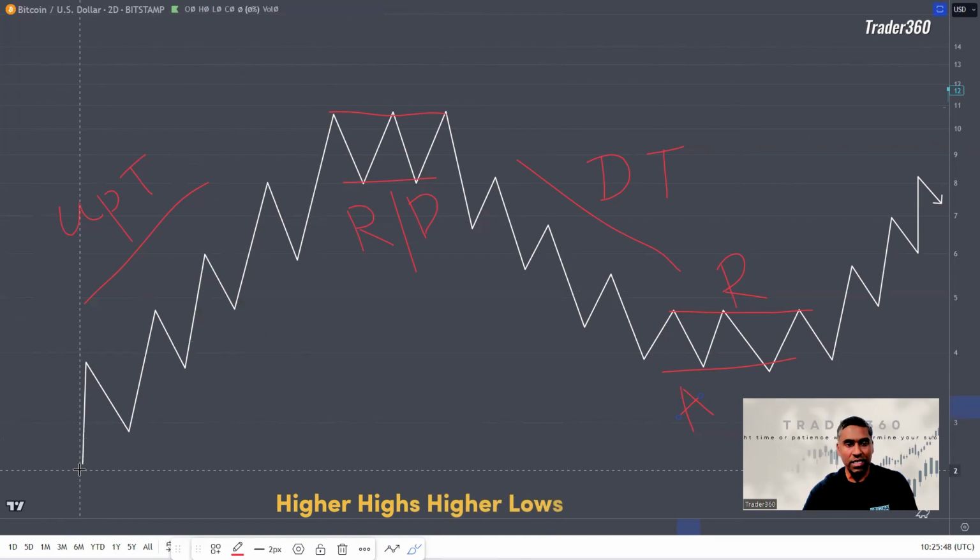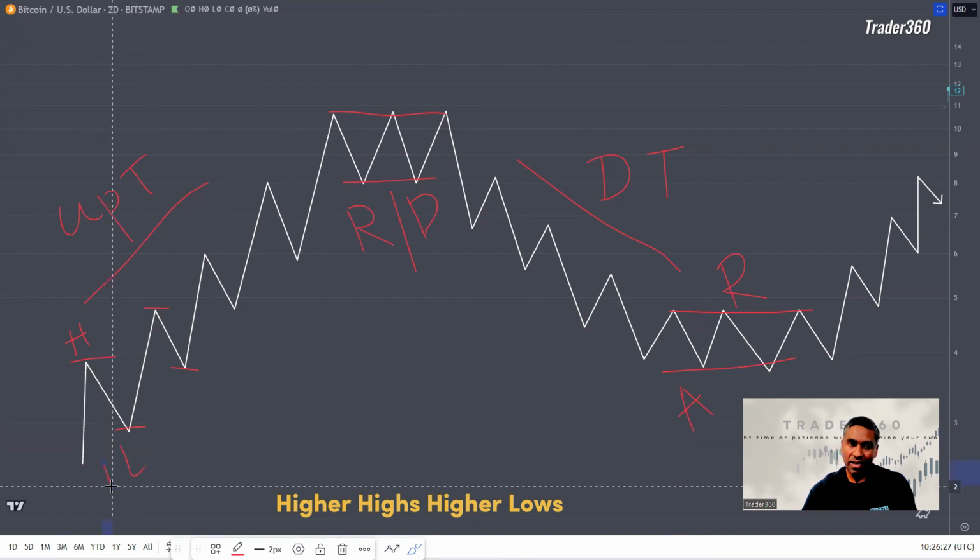So now I told you about wave-like patterns. Now, how do we study this in more detail? We study these highs and lows, which show us whether the market is in an uptrend, a range, or a downtrend. So let's say, for example, the price was here and the price made a high, but here price stopped and reversed and made a low, but this low was higher than the previous low, so we call it a higher low.